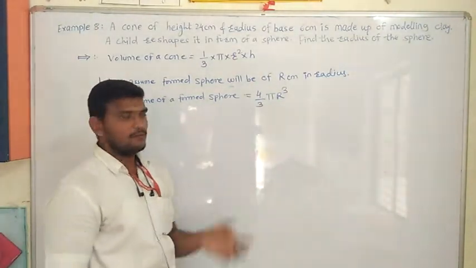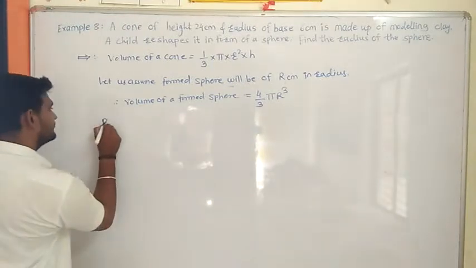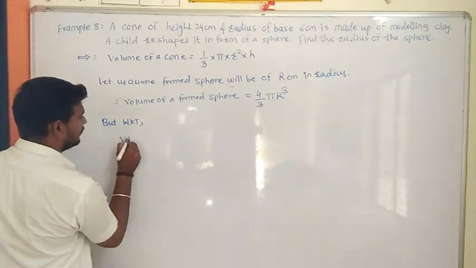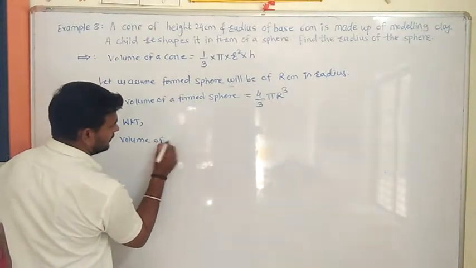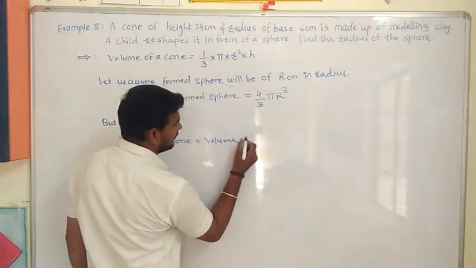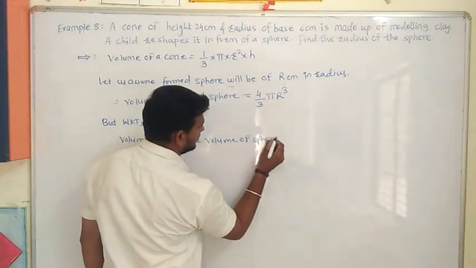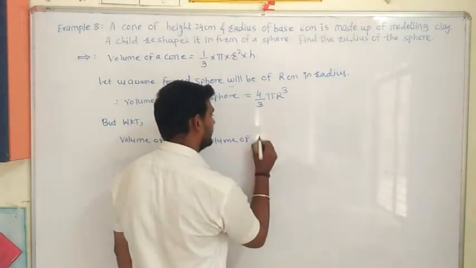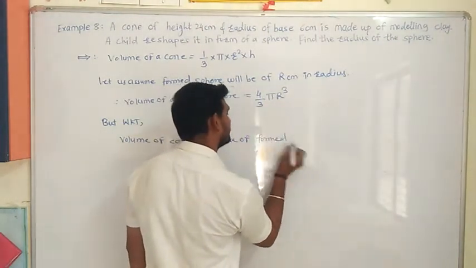That only we have to find. But we know that the volume of the cone is equal to the volume of the formed sphere.